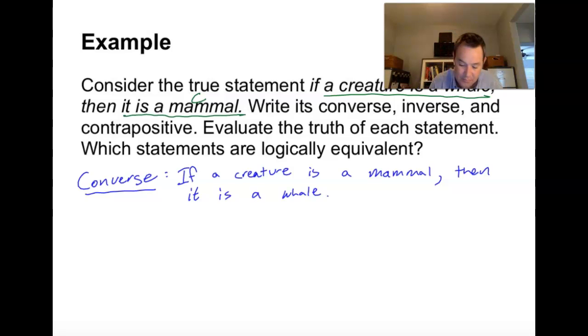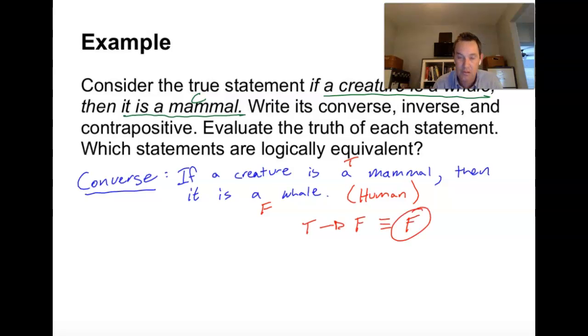And so I could say, if a creature is a mammal, humans, so that would make the hypothesis true, then it is a whale. Nope, humans aren't whales, so the conclusion is false. And we know that when the hypothesis is true and the conclusion is false in an implication, we get a false overall outcome.